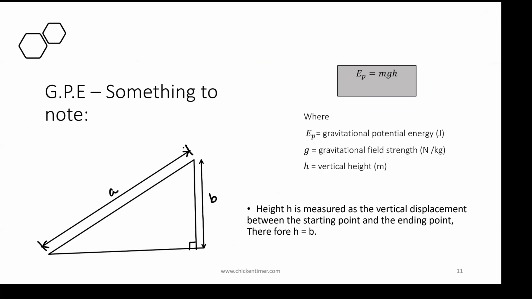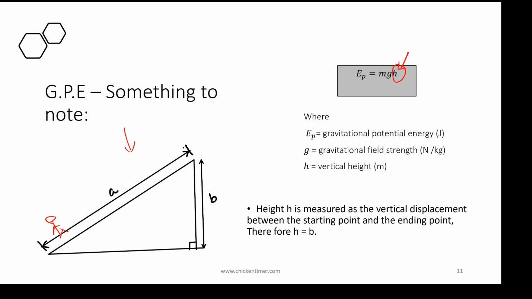So there's something to note down here. You see the formula again, I deliberately placed it here. On this slope, down here you have a slope. Then we can have someone stand down here, so in this case we have this value h down here. In the diagram, they give you A and they give you B. How do you know which one is the h that you're going to use for your formula?